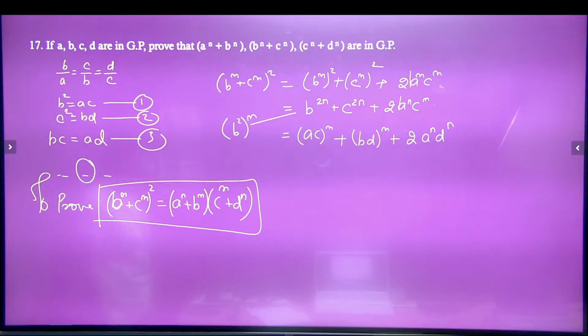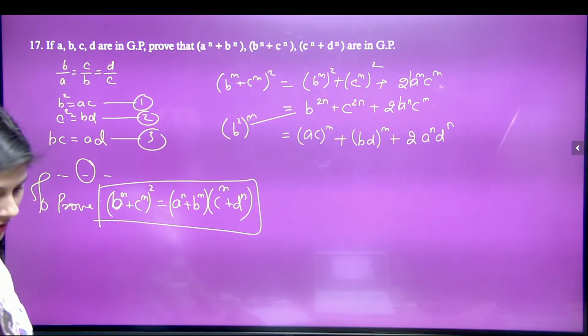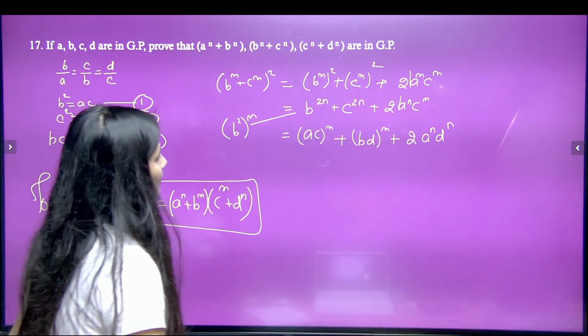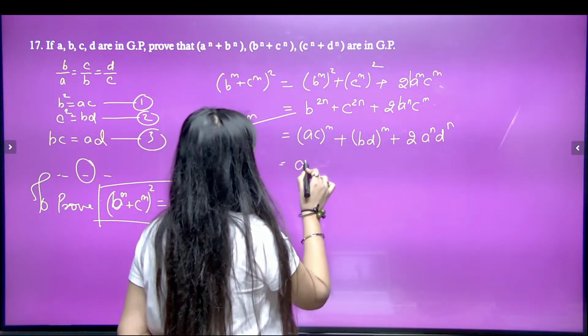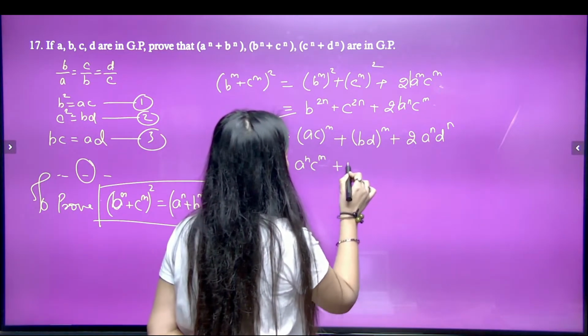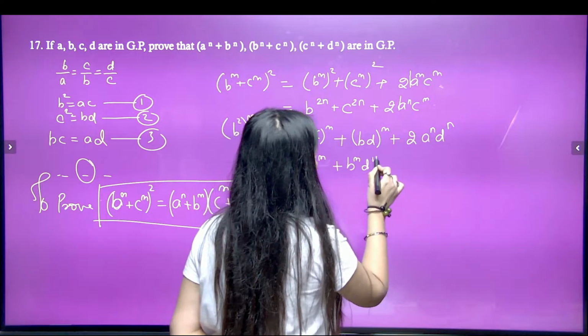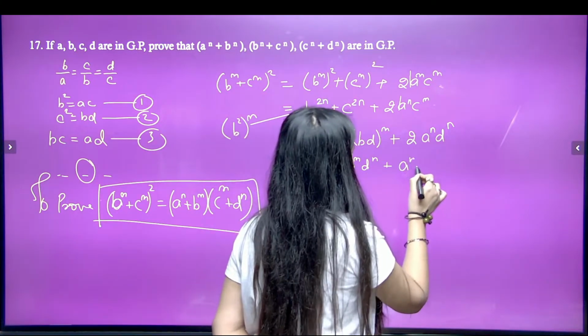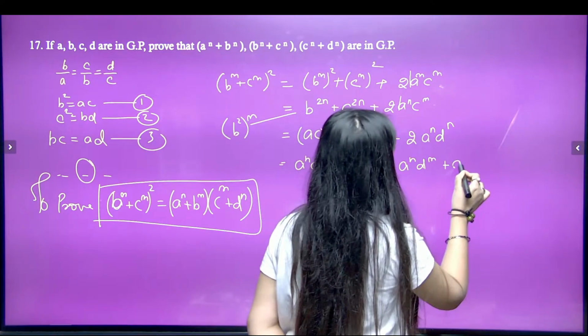So we have a to the power n, c to the power n plus b to the power n, d to the power n, and here we have a and d to the power n, again a and d to the power n.